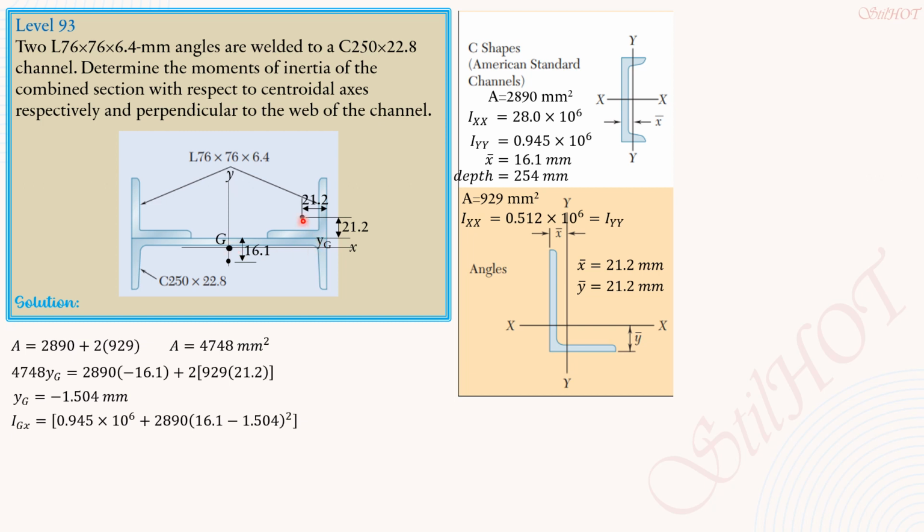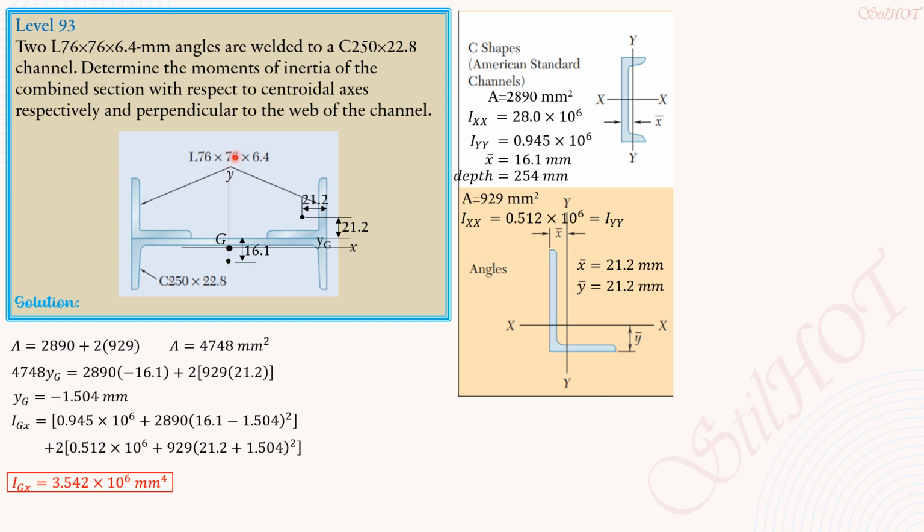So the distance between the centroid of the angle and the centroidal axis of the entire section is 21.2 plus 1.504, then quantity squared. So plus 2 times quantity 0.512 times 10 to the 6 plus 929 times quantity 21.2 plus 1.504 squared. So IGX is equal to 3.542 times 10 to the 6 mm to the fourth.